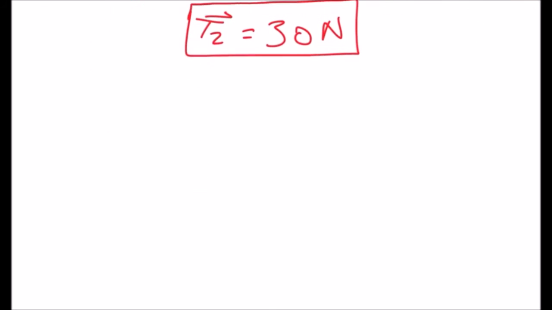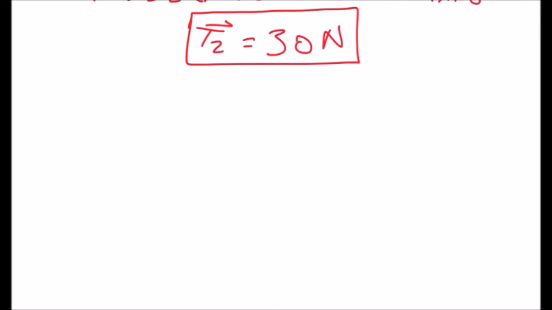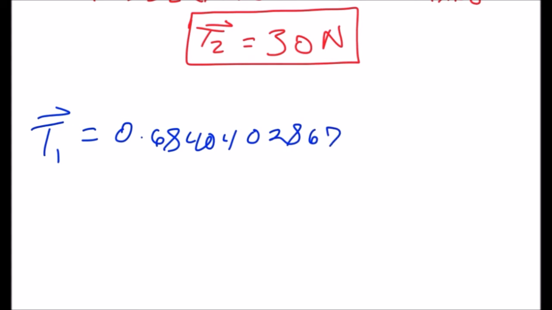Okay. So now we want to solve for T1, okay? We had come up with an equation that said that T1 was equal to 0.68404 times T2, okay? Now, are we going to use this rounded version of T2, or are we going to plug in the full number?